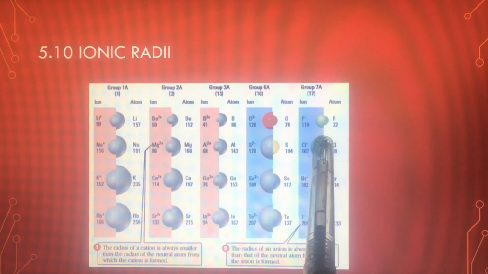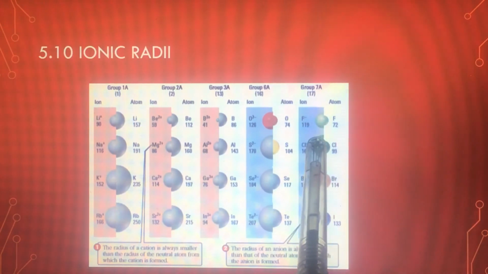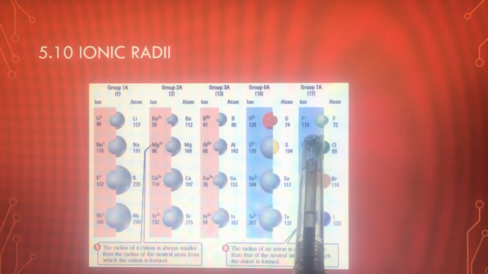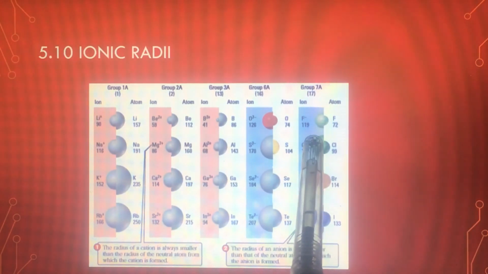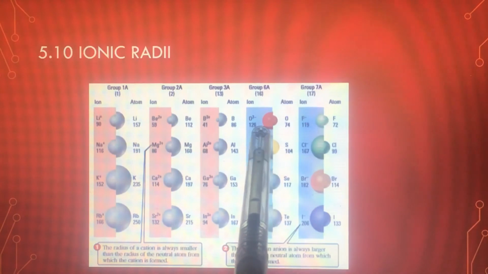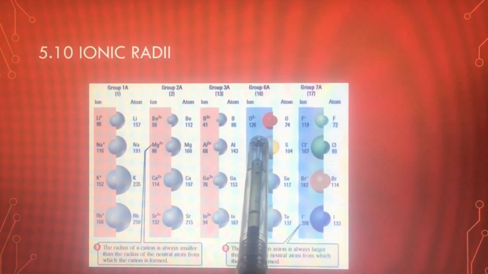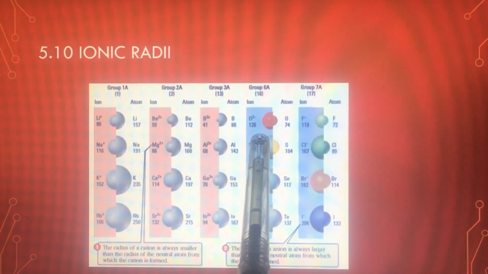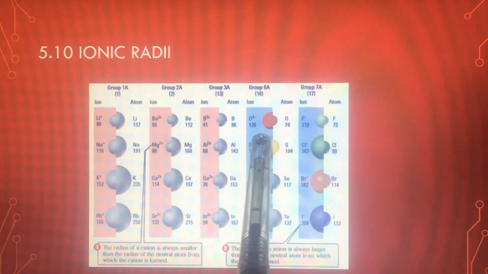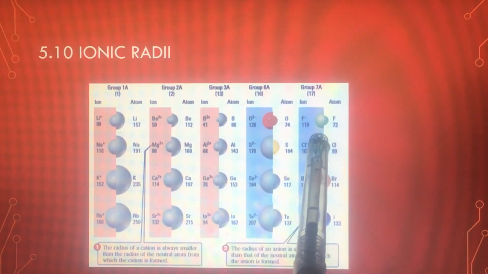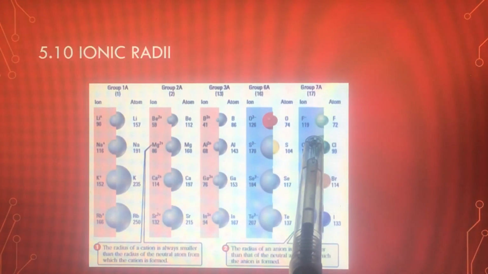Then for group 7A, we have fluorine, which will just gain 1 electron, so it is 119 picometers. As we can see, in the group 6A oxygen ion, we added more electrons. Therefore, it has a larger electron cloud than the electron cloud found in the fluoride ion.